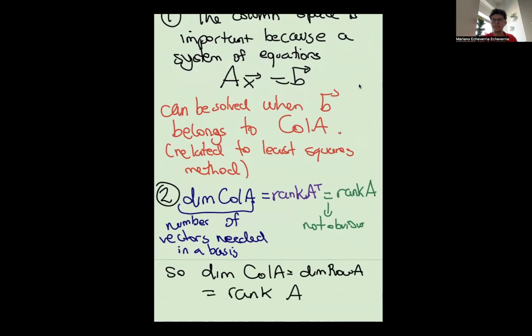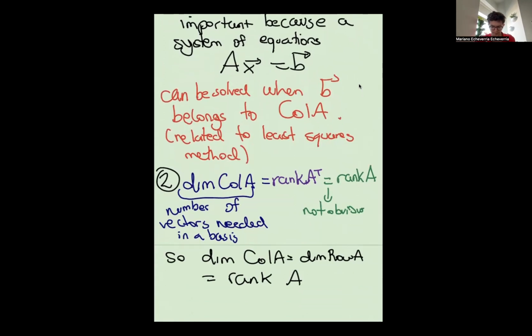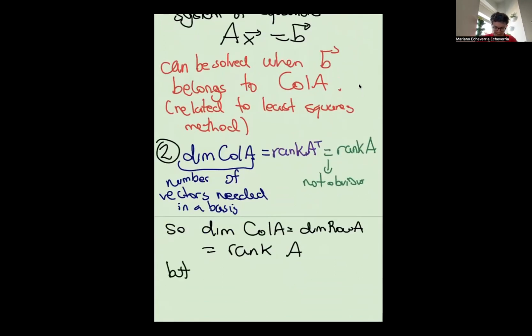But just because they have the same dimension, or the same number of basis vectors, that doesn't mean they're the same vector space, right? They can still be different vector spaces. In general, column space and row space are different vector spaces.